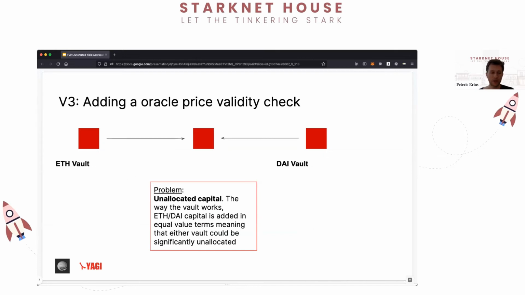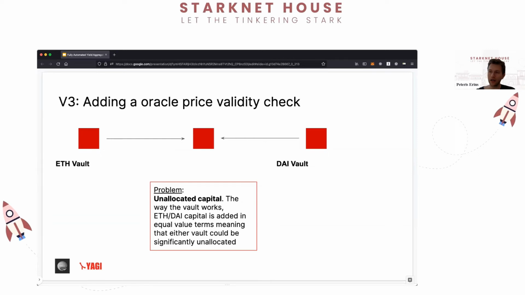What will happen is people deposit up to 1 million Ether, maybe somebody will deposit $200,000 worth of DAI. Well, the problem is 80% of that Ether depositor capital will just sit unused. They'll be participating in this liquidity vault, but they will be mainly unallocated, waiting for other people to appear on the DAI side.